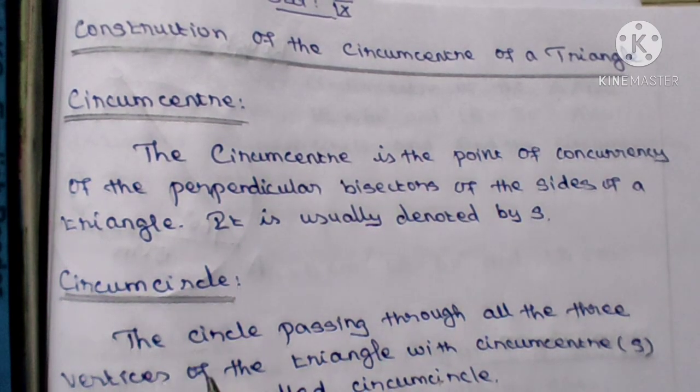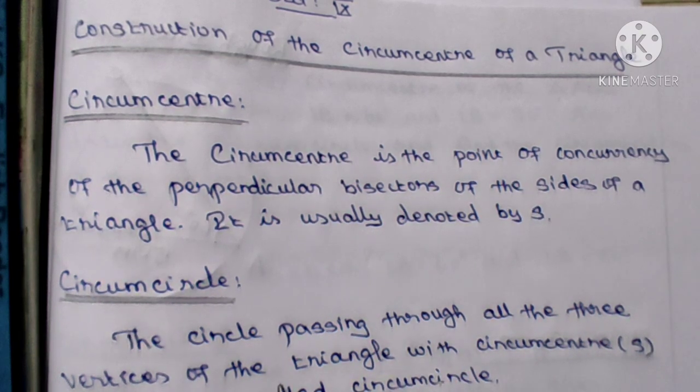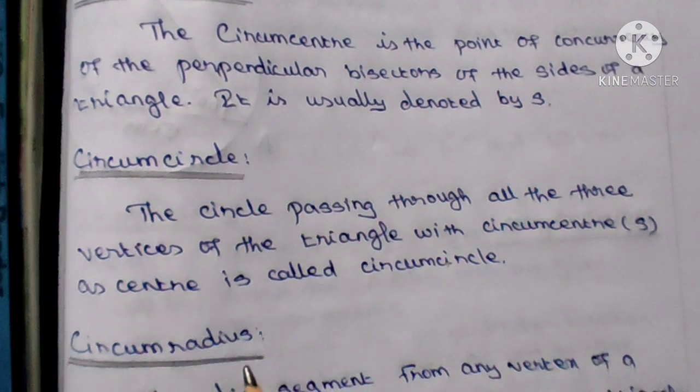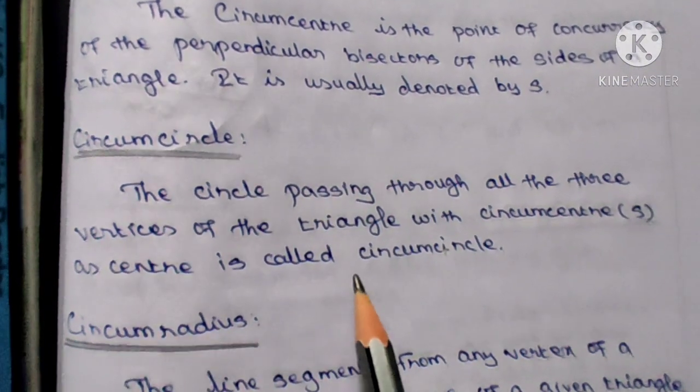Next definition, circumcircle. The circle passing through all the three vertices of the triangle with the circumcenter as center is called the circumcircle.